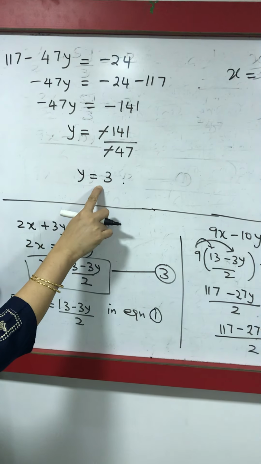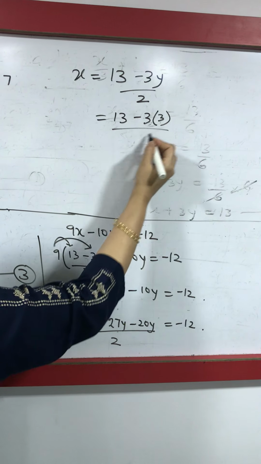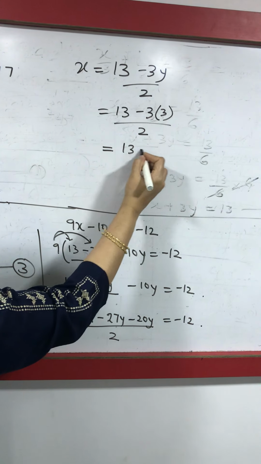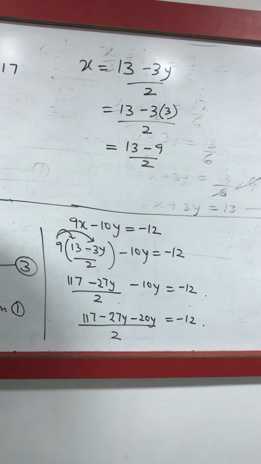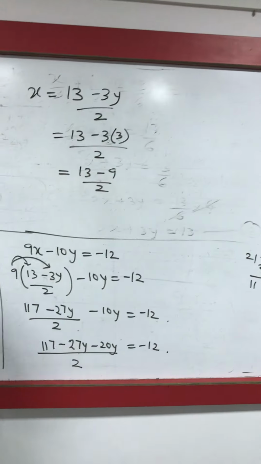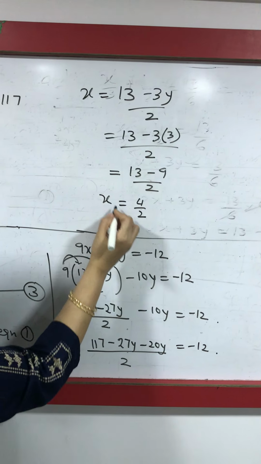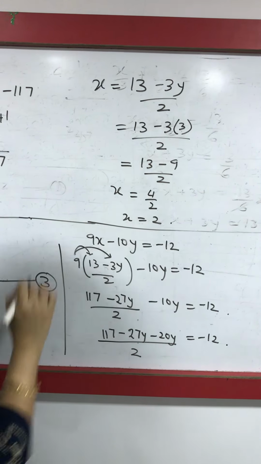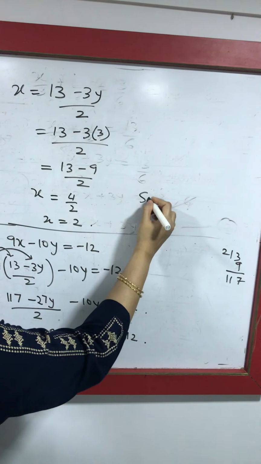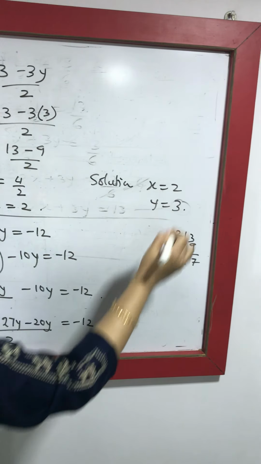In place of y, I will now substitute 3. And then I subtract 9 from 13, and that is 4 upon 2, and x equal to 2. So final statement, solution, x equal to 2 and y equal to 3.